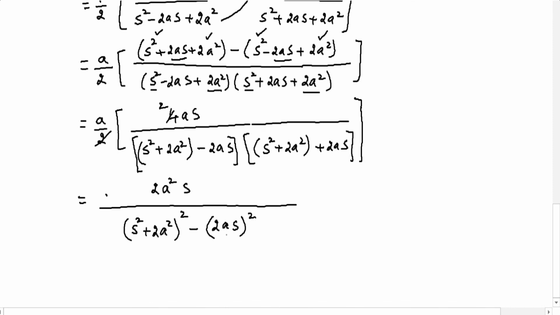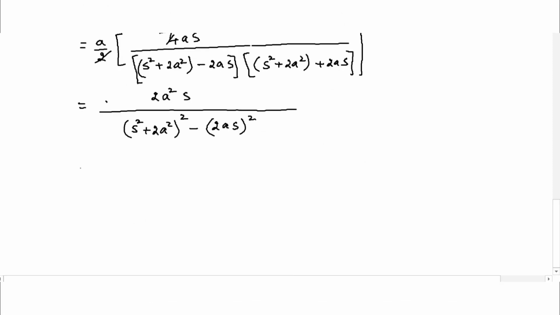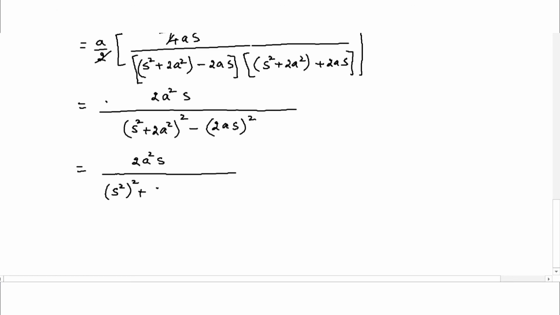Or further, if you try to simplify this expression, this will be equal to 2a square, yes, whole divided by. Now the first term is in the form of a plus b whole square, so you can expand it. A square plus b square plus 2 times ab.